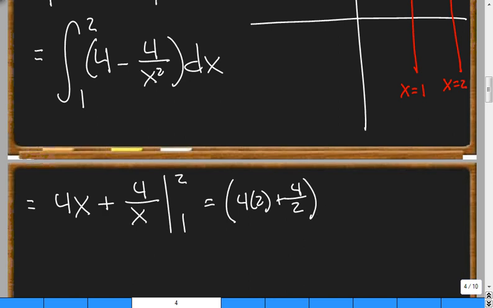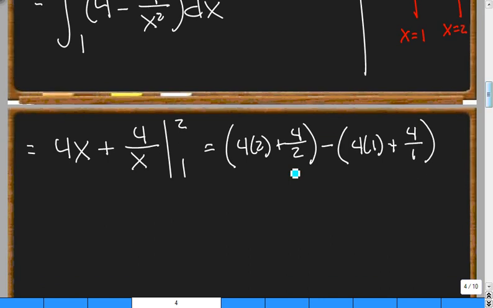And I'm going to subtract away 1, so 4 times 1 plus 4 over 1. This is going to give me 8 plus 2, so this is 10, minus 4 plus 4, which is 8. So my total area is 2 there.